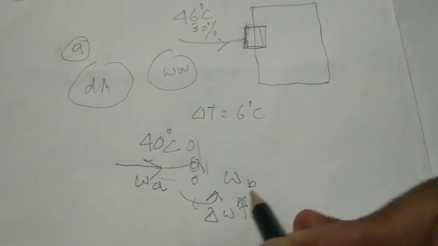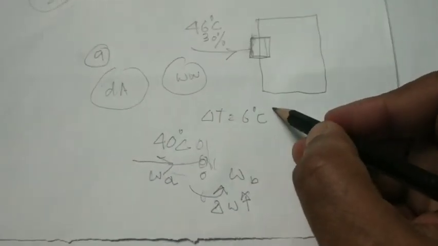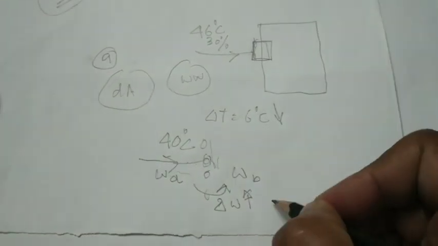There has been decrease of temperature, and there has been increase in humidity. You see, when dry air comes in contact with water droplets, it decreases its temperature, and it increases its humidity.